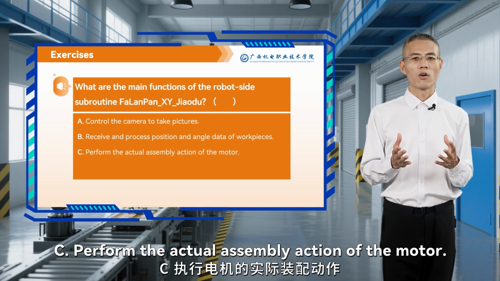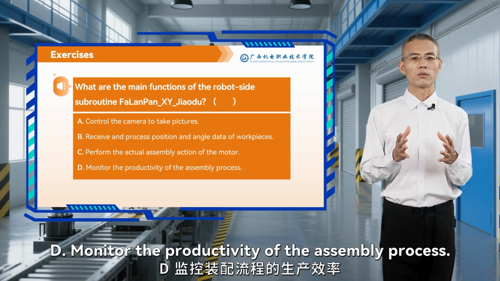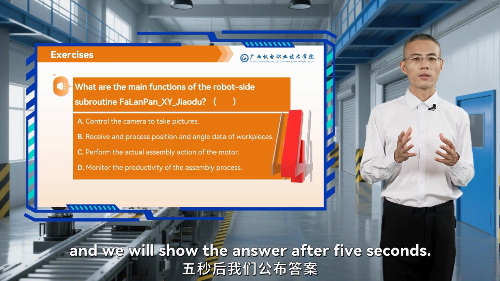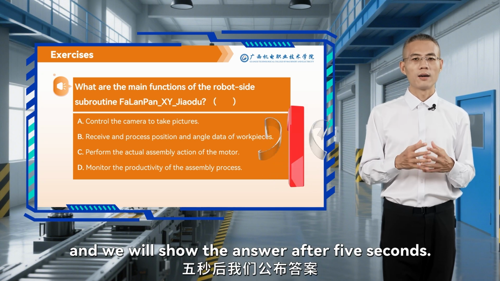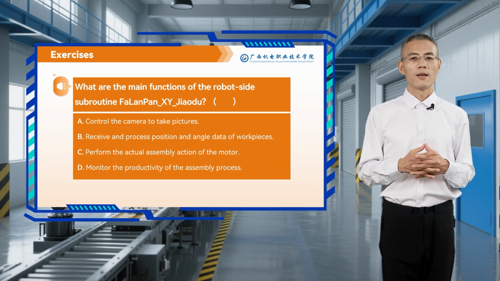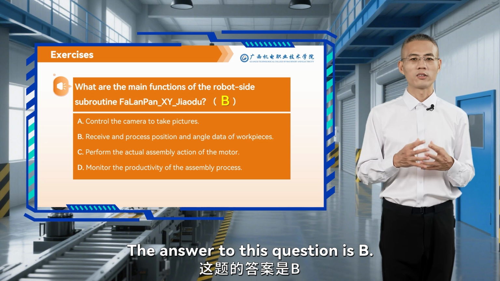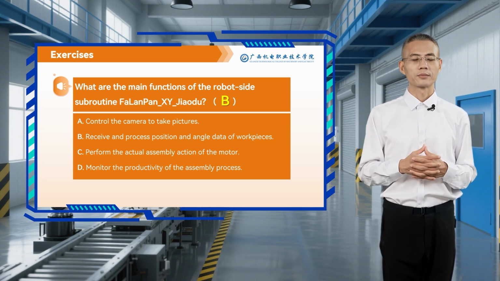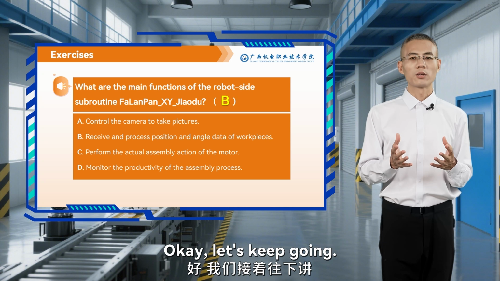C. Perform the actual assembling action of the motor. D. Monitor the productivity of the assembling process. I will give you 5 seconds to think and will show the answer after 5 seconds. The answer to this question is B. Did everyone choose the right answer? Okay, let's keep going.